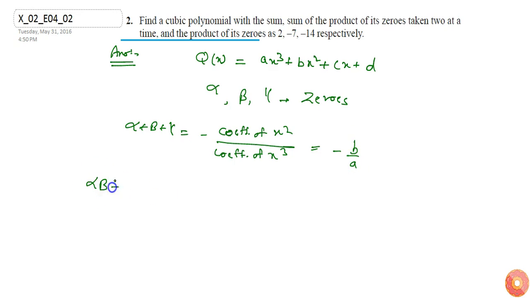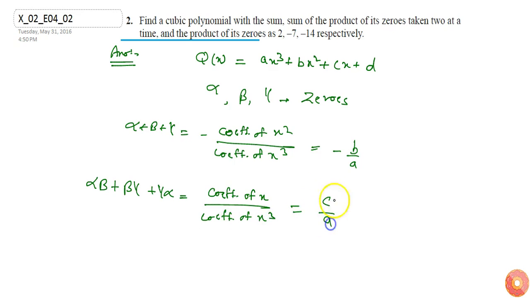And alpha beta + beta gamma + gamma alpha, which is the sum of the product of zeros taken two at a time, is the coefficient of x divided by the coefficient of x³. So it is c by a in the polynomial Q(x).